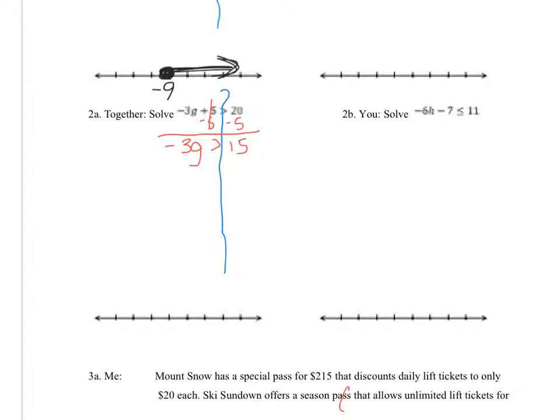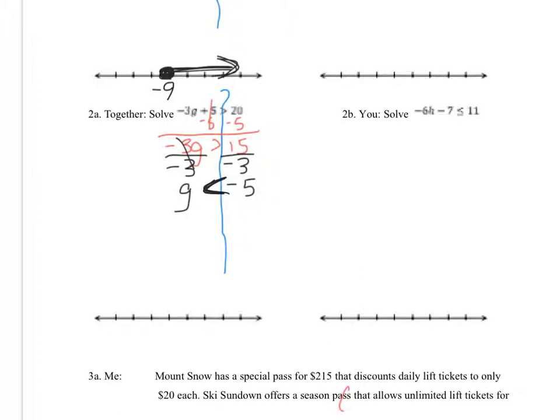Negative 3 and 15 are on opposite sides of the river, so I have to do opposite operations. So divide by negative 3. So I have g and negative 5. Dividing by a negative, do a less than.